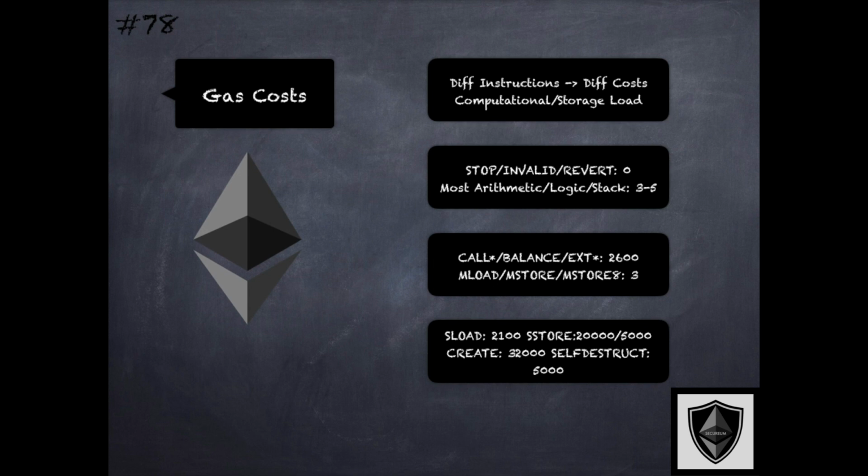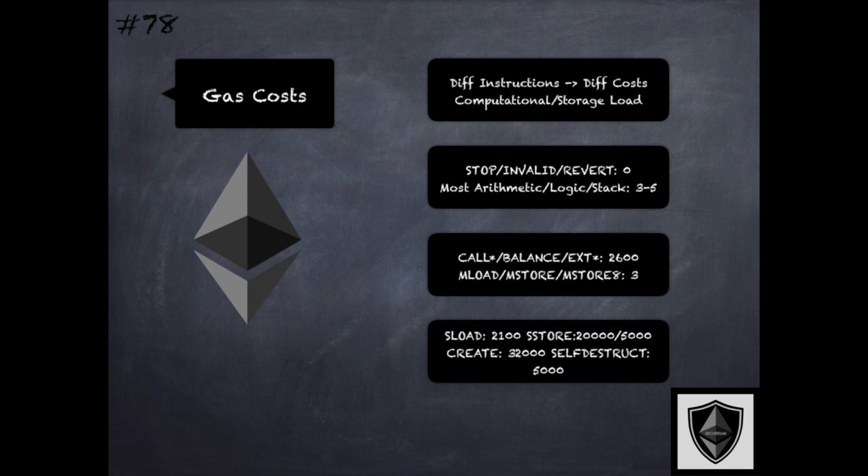We'll talk about it in some of the forthcoming modules, but it costs 20,000 gas to change that storage value from 0 to a non-zero value. And there are optimizations here. This instruction costs only 5,000 gas in some of the other situations.